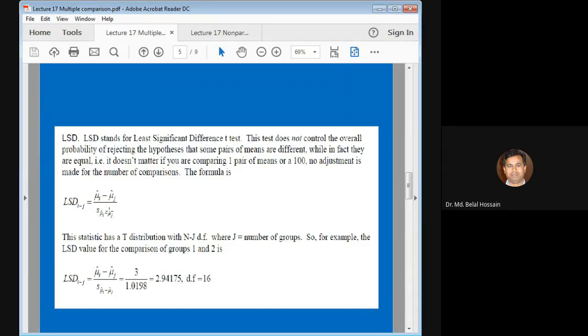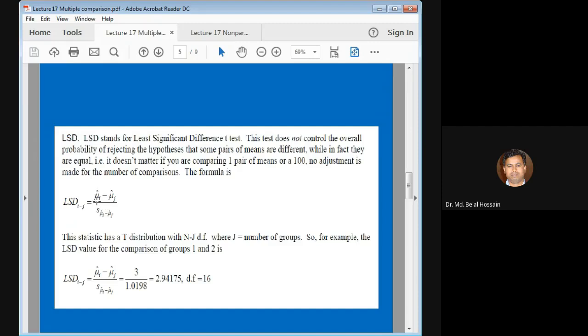Testing is very similar to T distribution, T test. You have to find the LSD value, calculated based on this formula, and from the table we will get a value of T alpha, that is T tabulated. If this T calculated is greater than that T tabulated, null hypothesis is rejected.